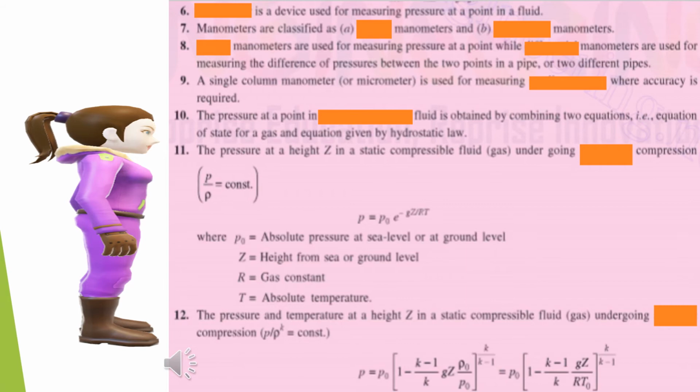Twelfth one, the pressure and temperature at a height z in a static compressible fluid gas undergoing dash compression: P by P power k equals constant.